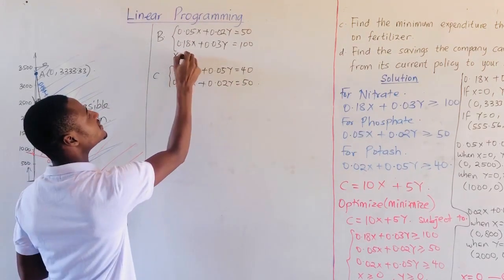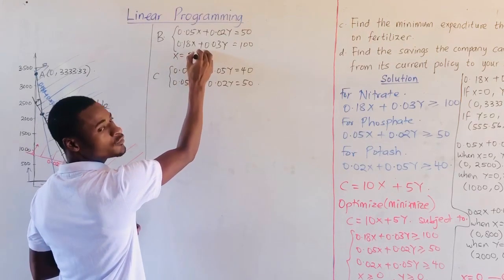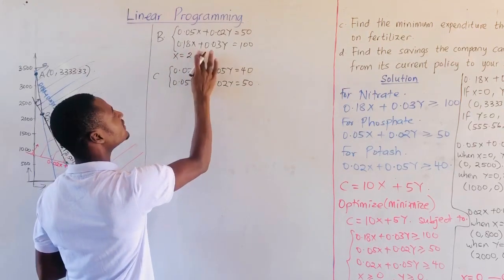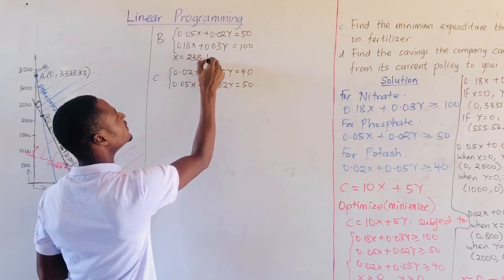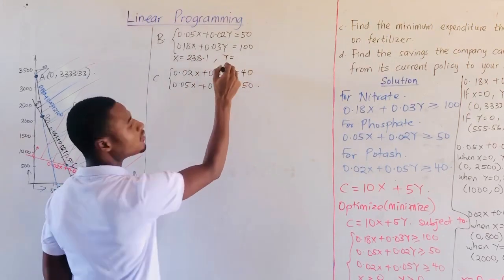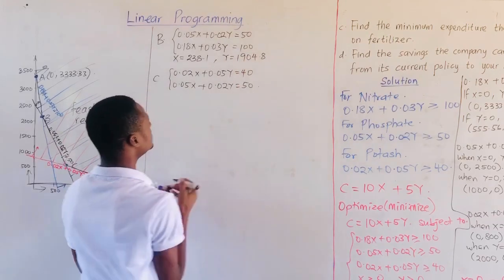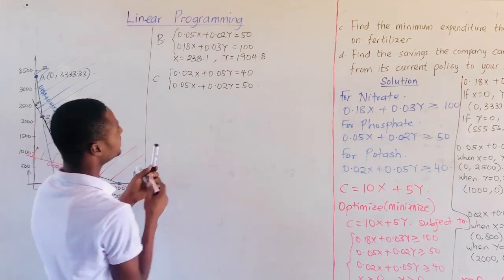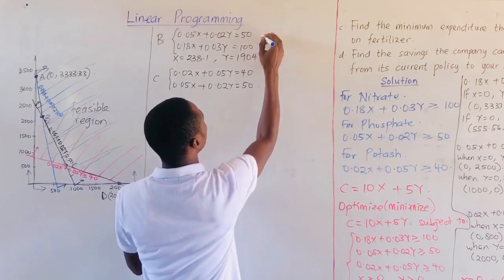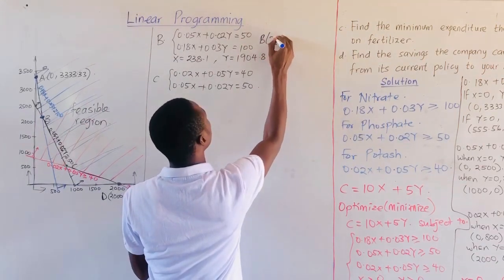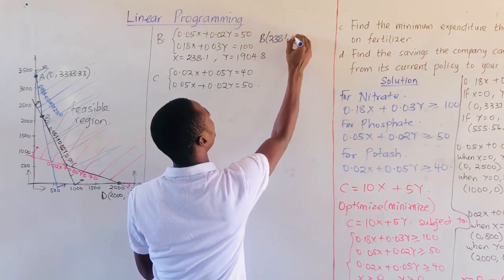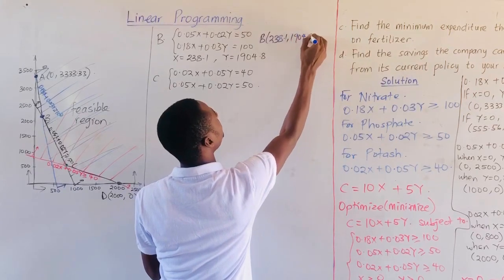We have x is equal to 238.1, y is equal to 1904.8. So our point B will be B(238.1, 1904.8).